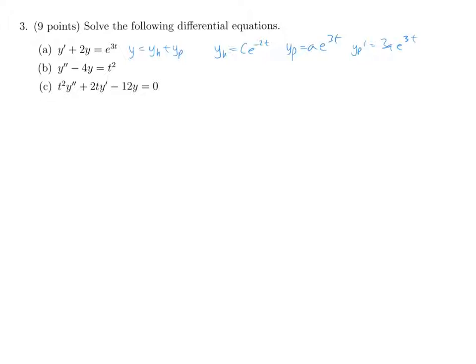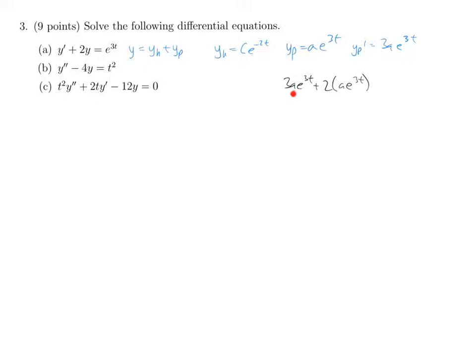I think everyone got this right, except maybe missed a scalar in some part. So I'm going to do this quickly. If you plug this back in, what do you get? You get 3a e to the 3t plus 2a e to the 3t.